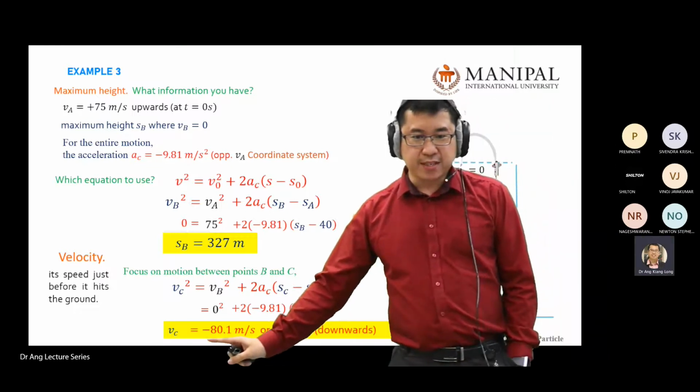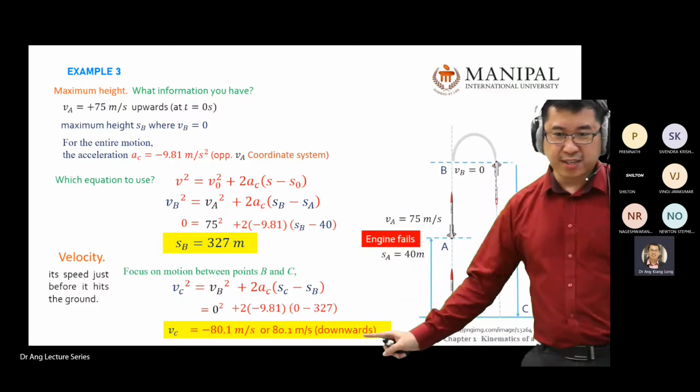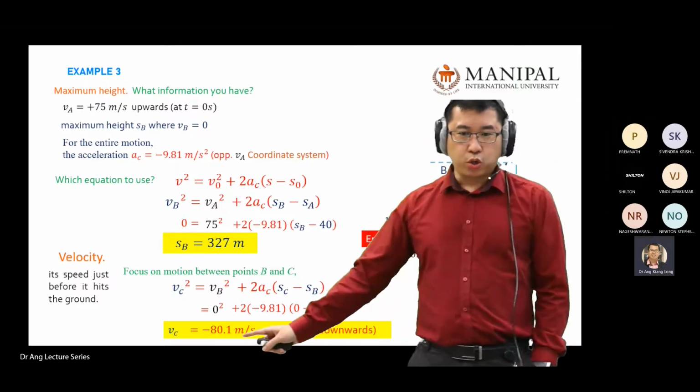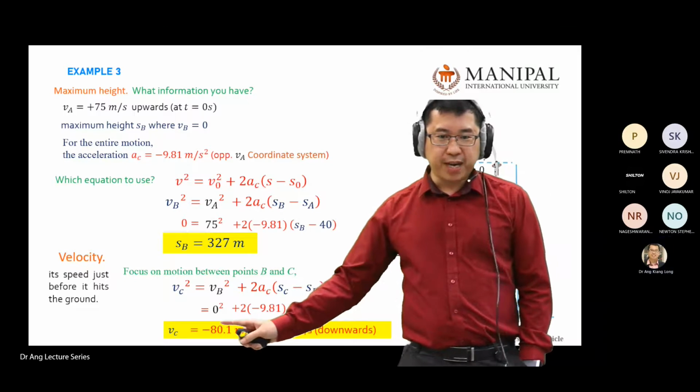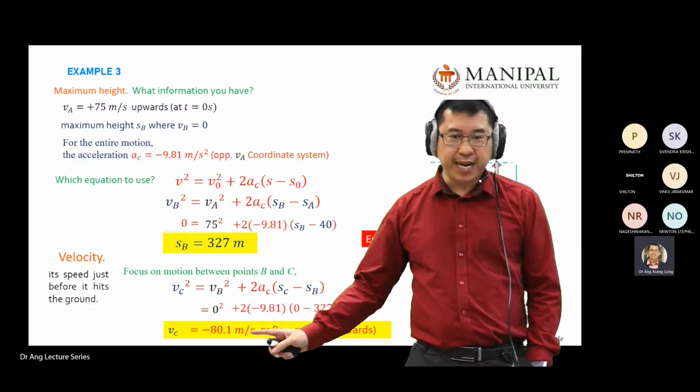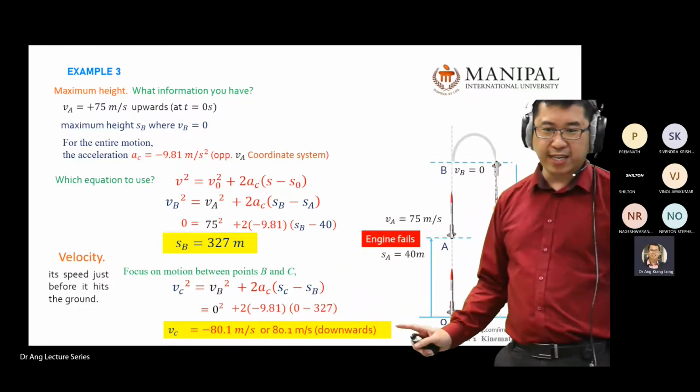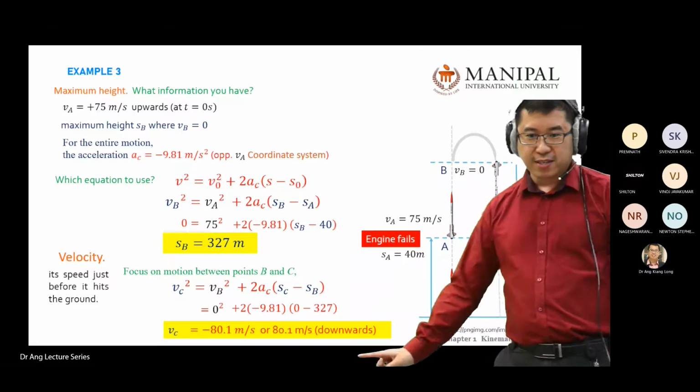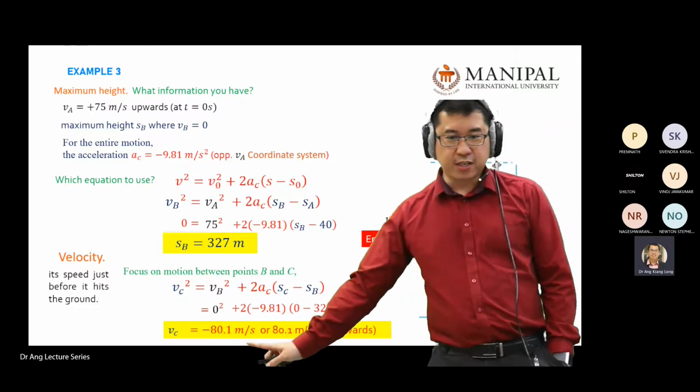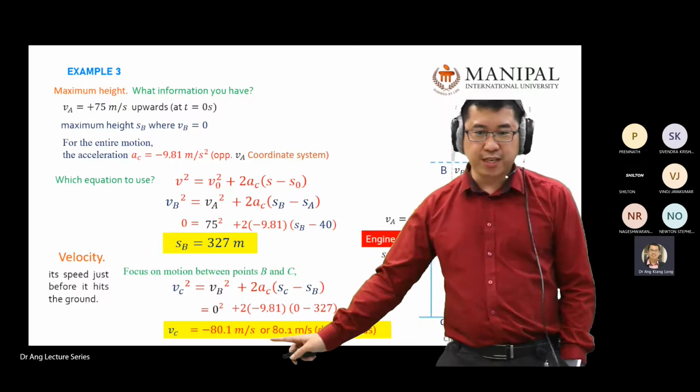Don't mix this one and this one. Don't write negative 80.1 meter per second bracket downward. Then you get the wrong answer. Observe the differences of answer. You have two kinds of answer here.